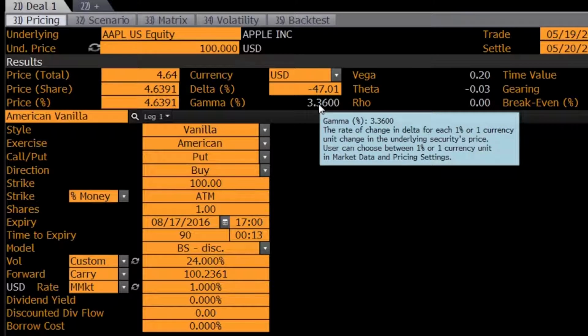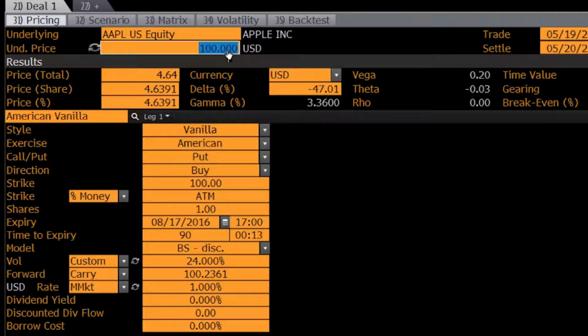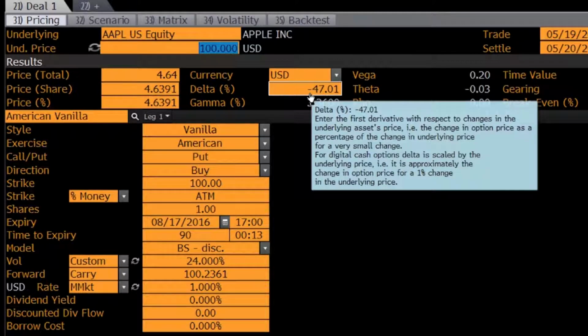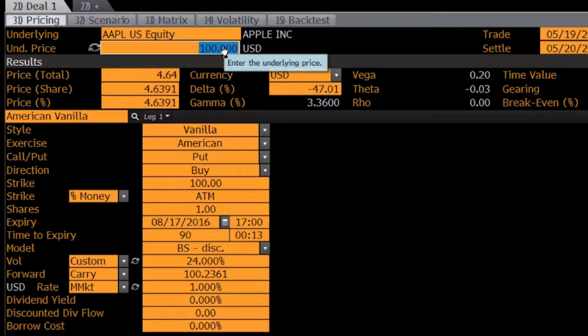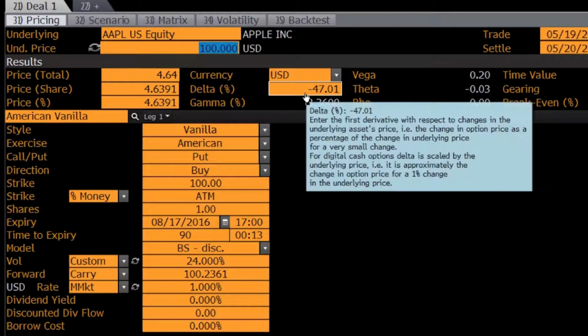Now, what would the price of the option be when the underlying moves to 99.9? Here, we're going to have a 10-cent downward move. Because the delta is roughly 50%, I would imagine the option is going to move by roughly 5 cents, 50% of the 10-cent underlying move. But notice the minus sign, which I said to you was very important.